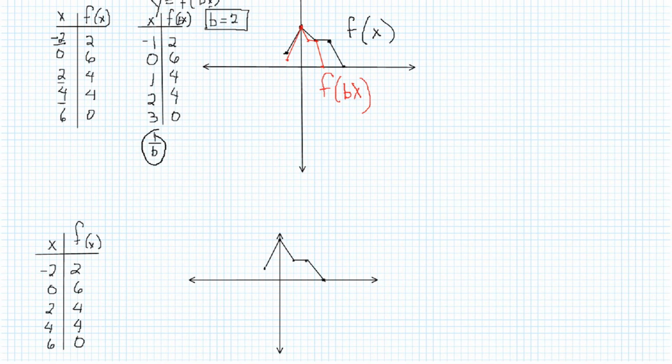I've got a second graph, and let's let the b parameter, instead of being greater than 1, be a fraction, so 1/2 instead. So we're going to graph f of bx again, only in this instance we're going to let b equal 1/2.